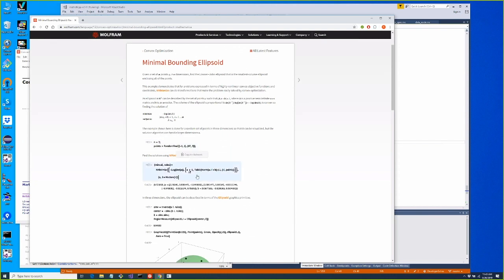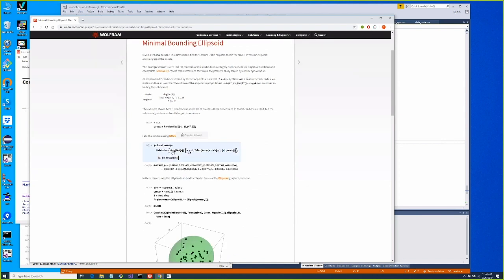So here we set up the condition that this be an ellipsoid, which is simply that A is a positive semi-definite matrix. So we just have a semi-definite constraint here, and then we have to deal with this log. But NMinimize knows how to deal with this particular objective because it recognizes it's convex, so it automatically does the transformations that are necessary.